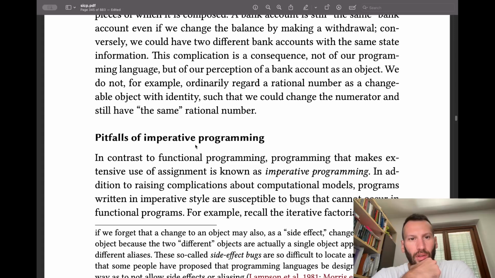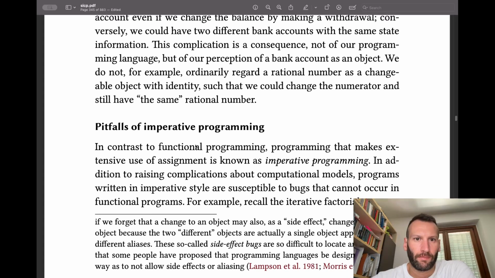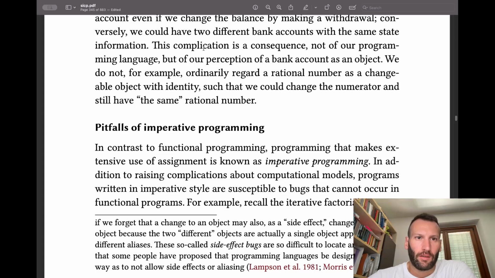We do not, for example, ordinarily regard a rational number as a changeable object with identity, such that we could change the numerator and still have the same rational number. Yeah, this is interesting.